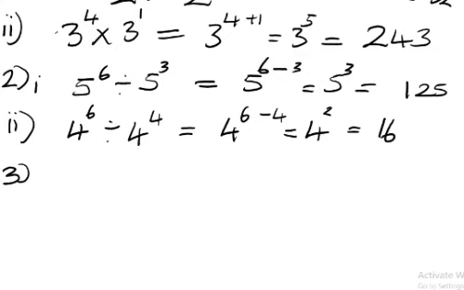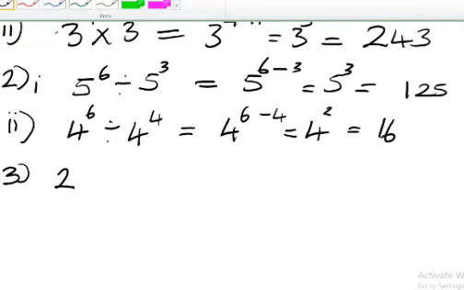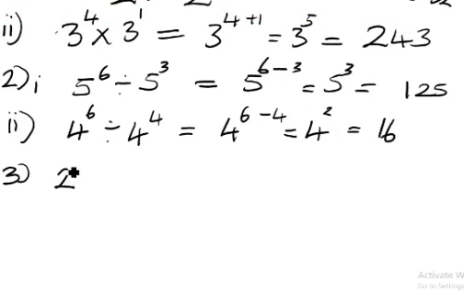Number 3. For example, no, I made a mistake. So let's say 2 raised to power 2, which is 2 squared, and the power is multiplying 3, all raised to power 3.